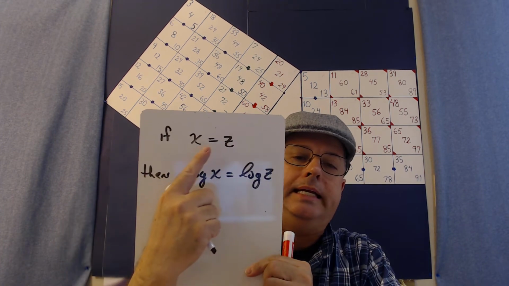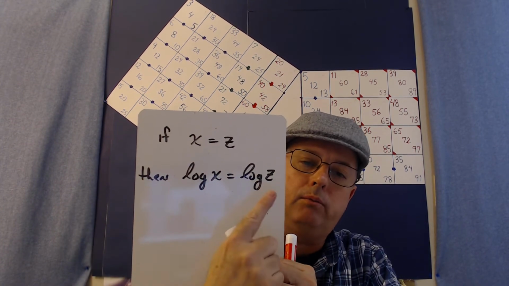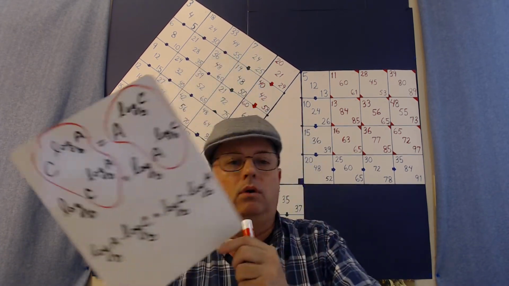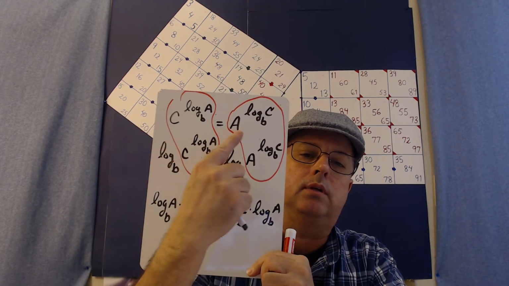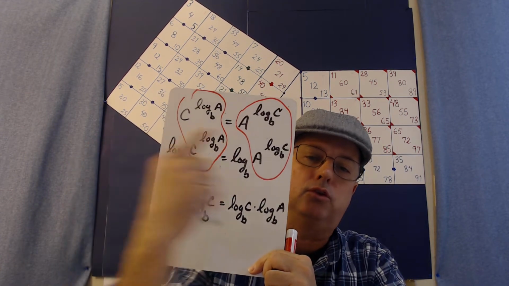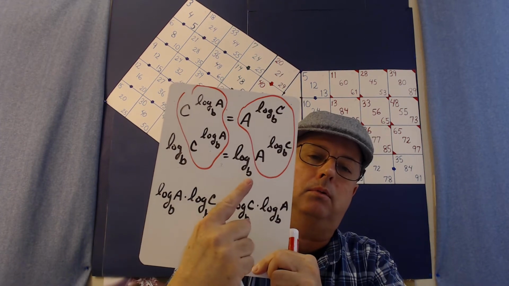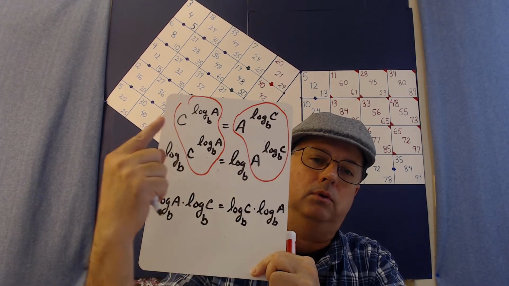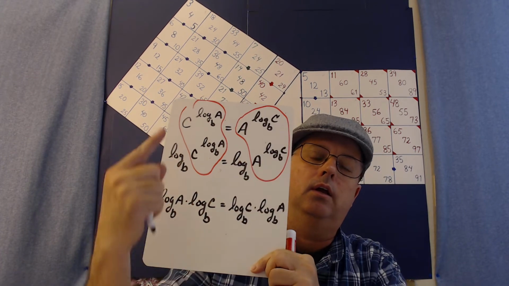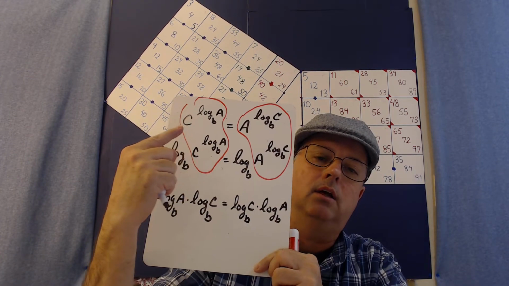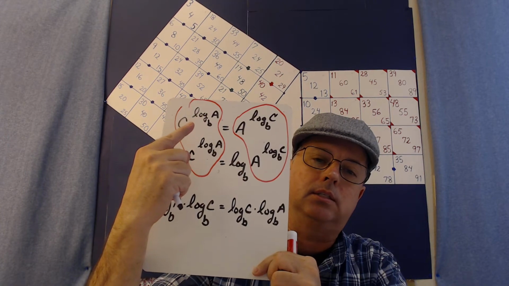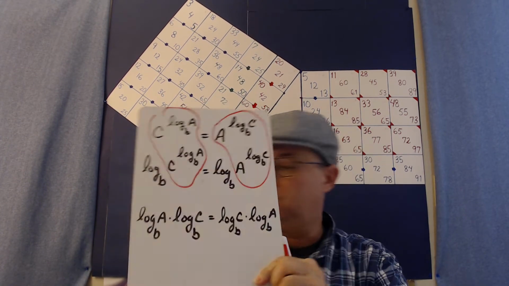So if something is equal to begin with, then we can take the log of both sides. And so we are trying to prove this statement here, and then we say it's true, and then we take the log of both sides. Well, if it was true, then why are we trying to prove it? So we're actually saying, we're wondering if this is the same as that. That's what we're trying to prove.